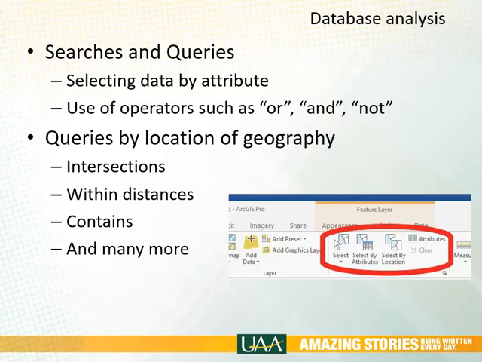And depending on how you end up doing the project, you might look at intersections of data or queries that ask whether or not data is within a particular part of the database or a certain distance or something like that. There are lots of different ways to select both by attribute and also by location.